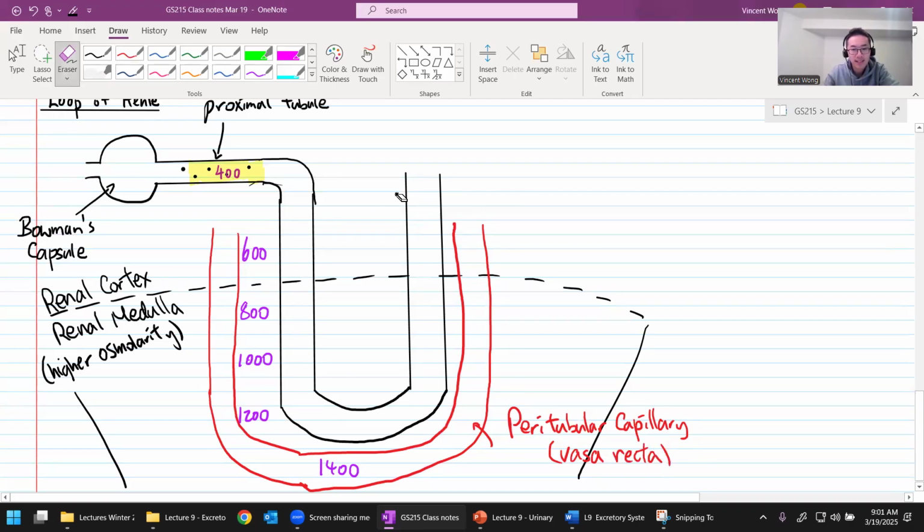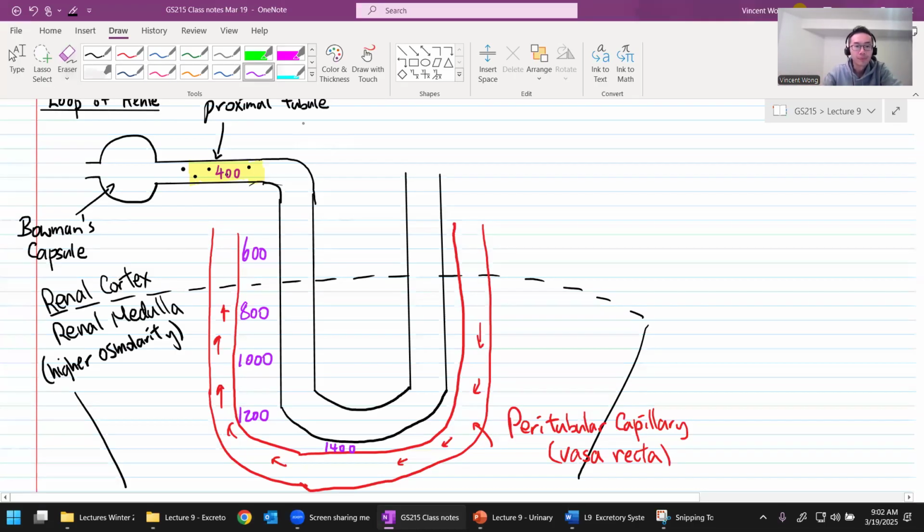And the blood actually flows in the opposite direction as the filtrate. Now let me put the 1,400 over here so you don't think it's inside the blood vessel. It's actually in the kidney tissue, the interstitium.